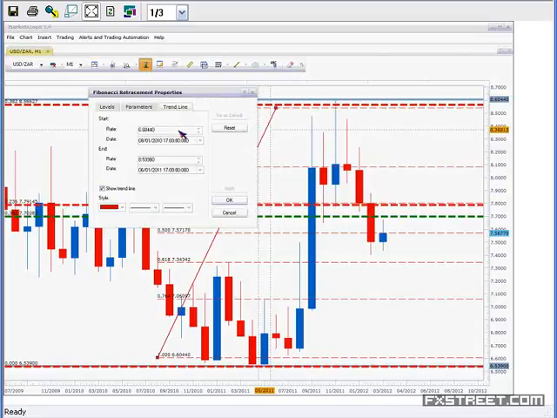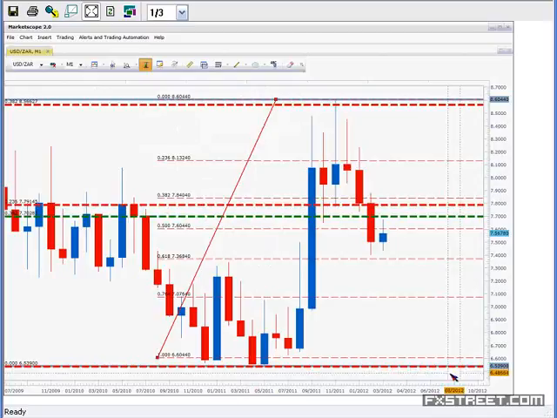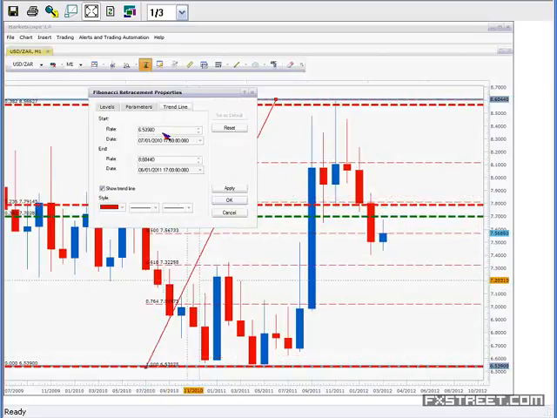Oh, it was here actually. 6044. And my low is 5390. The other thing is this is going up, so I would make it green.